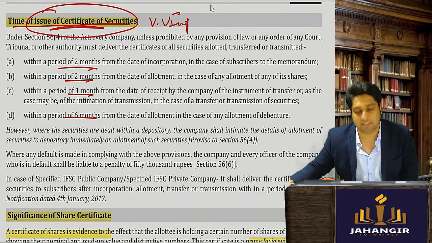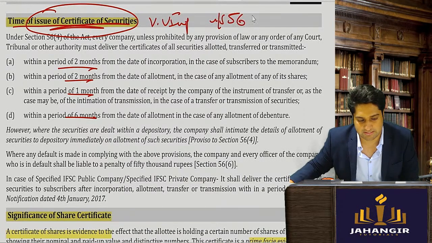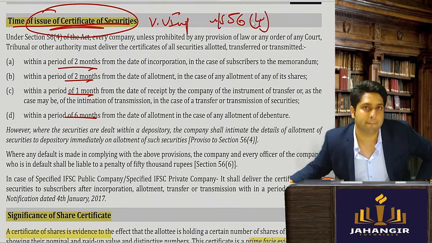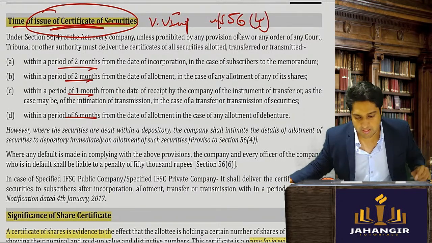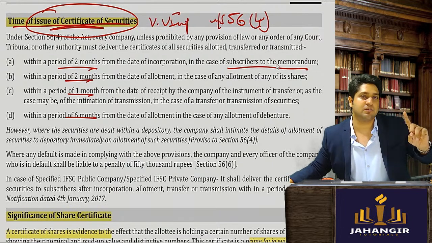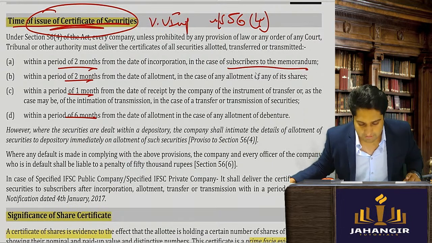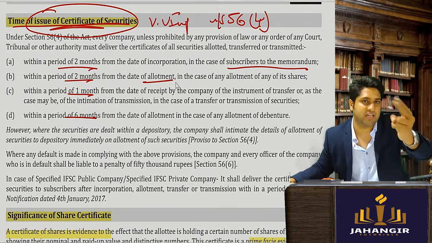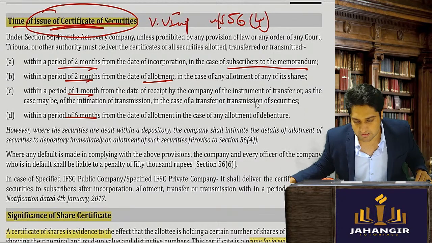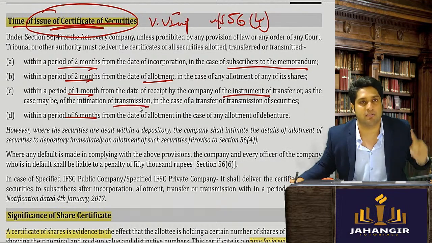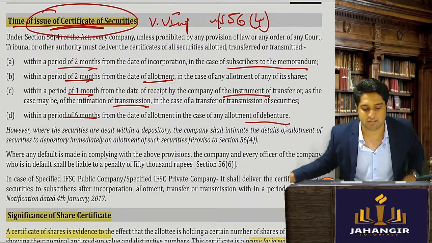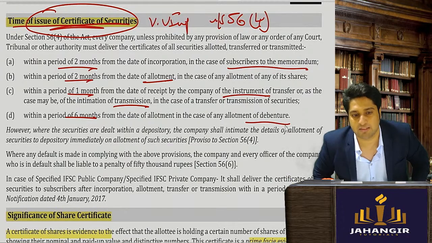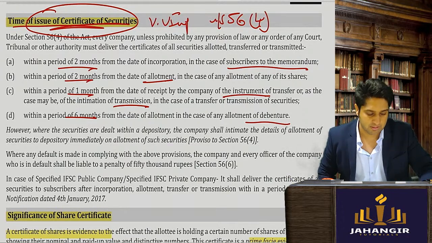You have to remember the subsection number, section 56 subsection 4. If it is allotted to you, the share certificate should be issued within 2 months. If it is a case of transfer or transmission, then 1 month. And if it is a case of debentures, then within 6 months the debenture certificate should be issued.